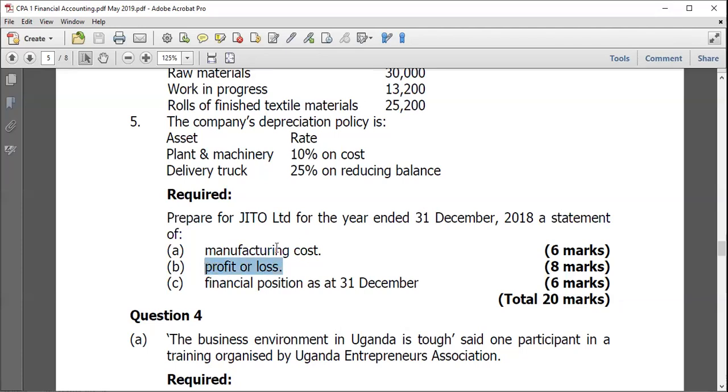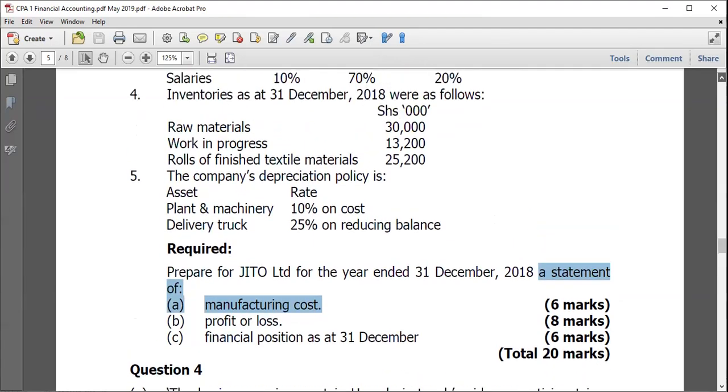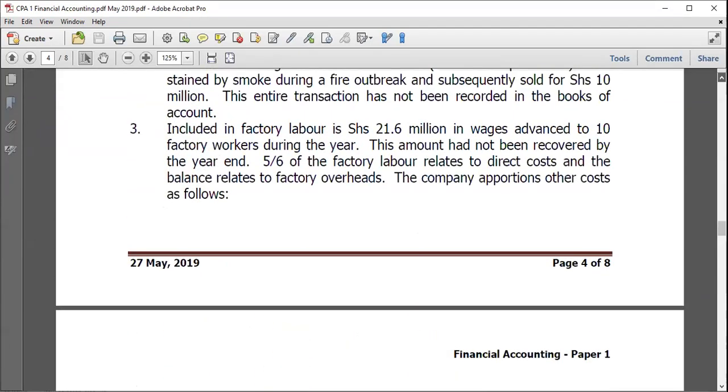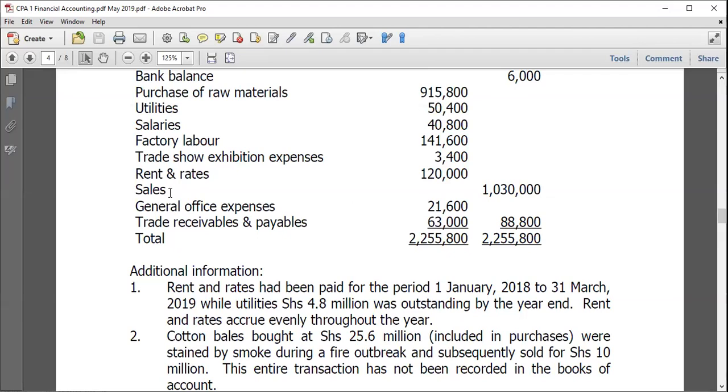Because you know the format of P&L, where we do sales, then less cost of sales. So under cost of sales, the figure that we use, where we put purchases, is coming from the manufacturing cost statement, as we shall see how we proceed. Just try to be very attentive.